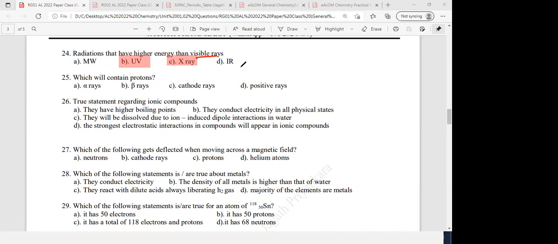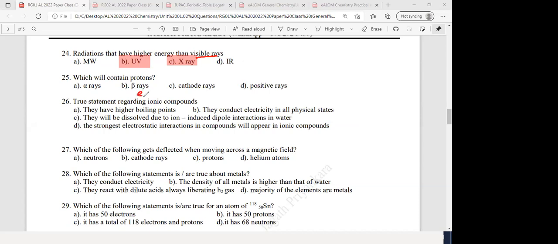Question number 25: which will contain protons? We have done alpha, beta, gamma, cathode rays and positive rays. Hydrogen contains protons. Beta rays equal to what? Electron. You can write electron below beta rays.